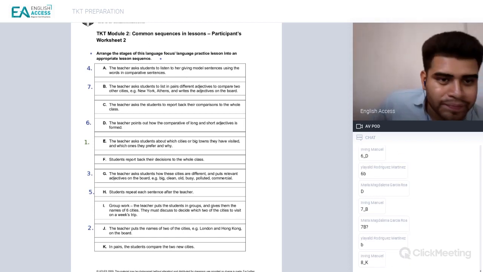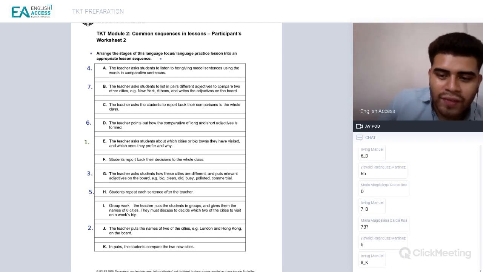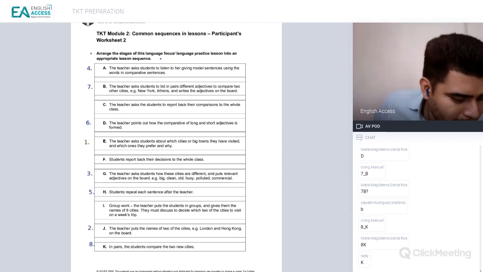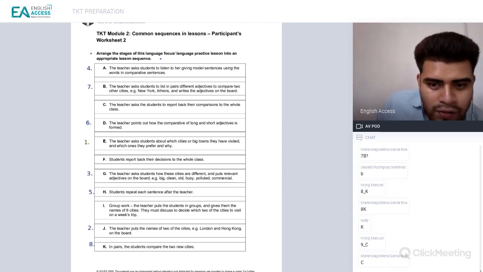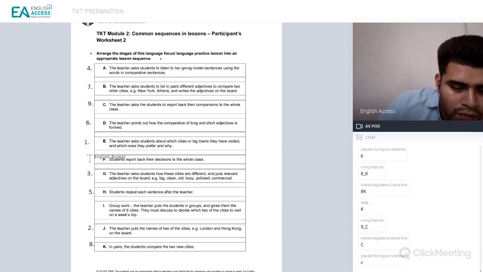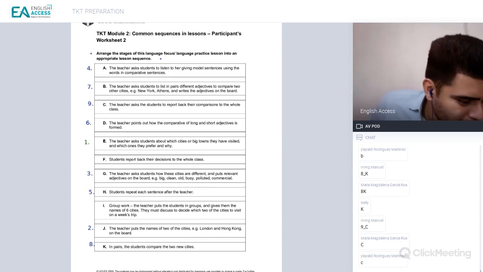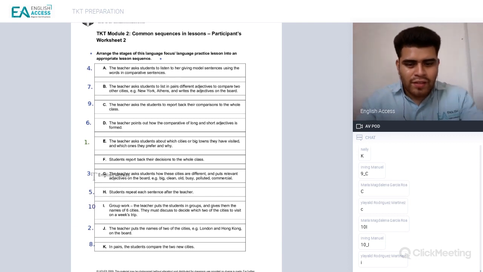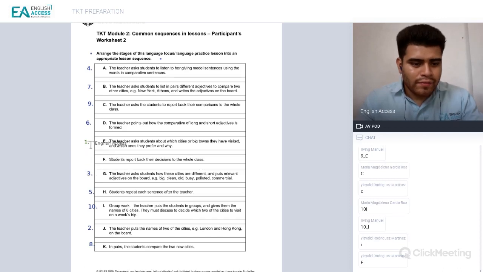And 8. 8 is K. Very good. 9. 9 is C. Very good. 10. 10 is I. And of course, F is 11.